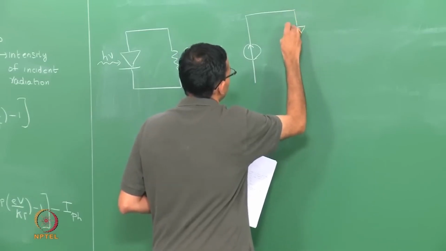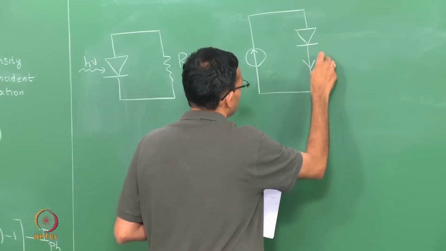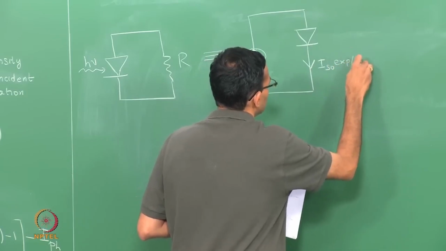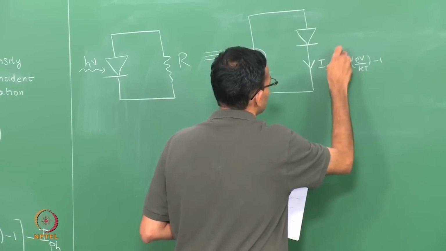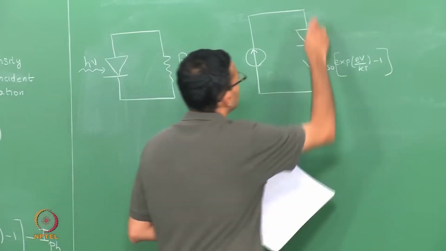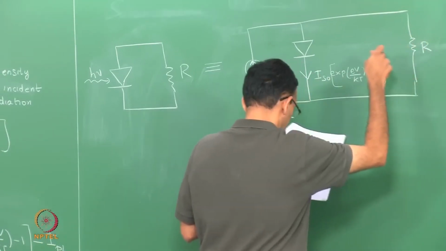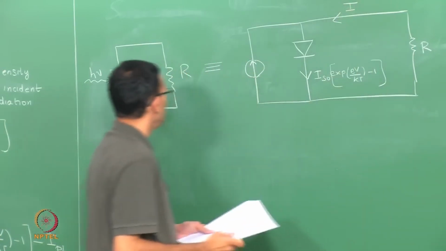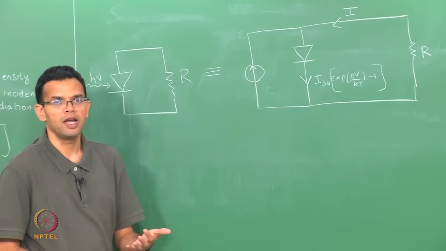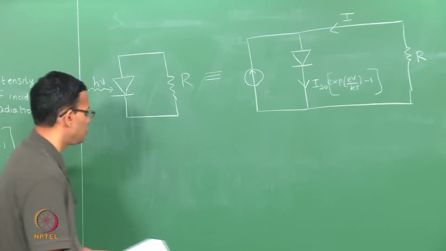You have your PN junction that is now under forward bias, so that there is a forward bias current IS naught, and this forward bias current opposes the constant current source or your photocurrent, and then there is your resistor R. So the equivalent circuit for a solar cell is just a constant current source and a PN junction under forward bias which oppose each other. So you can also draw an IV characteristics for the solar cell.